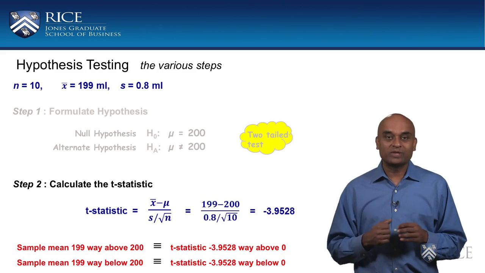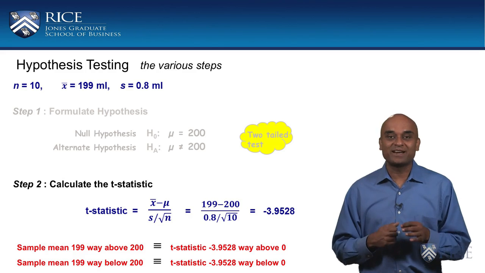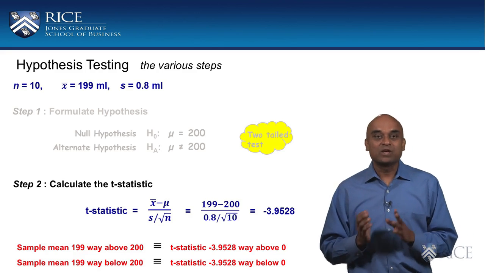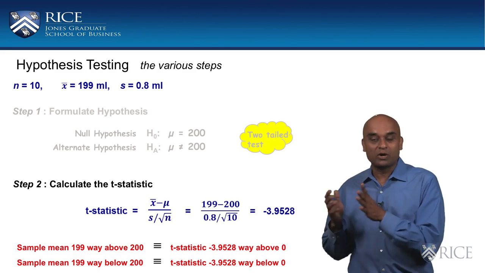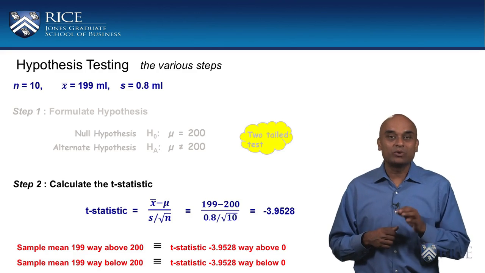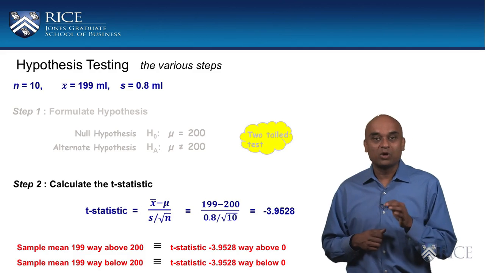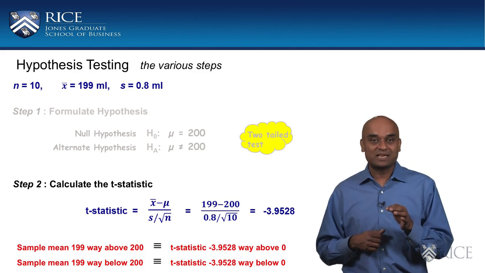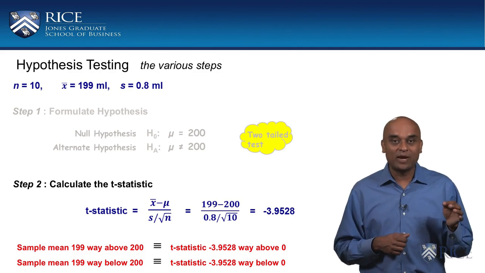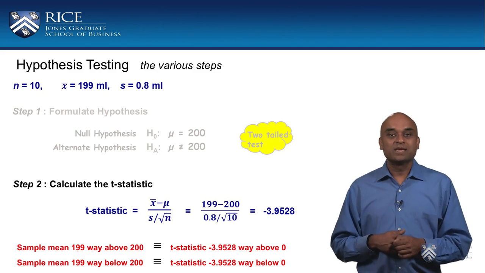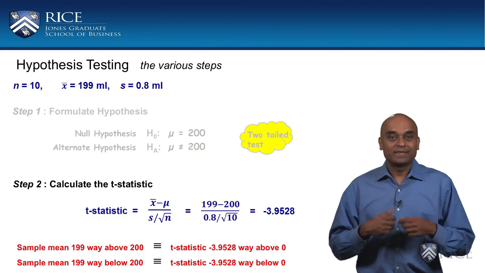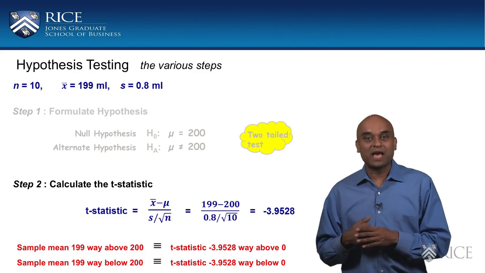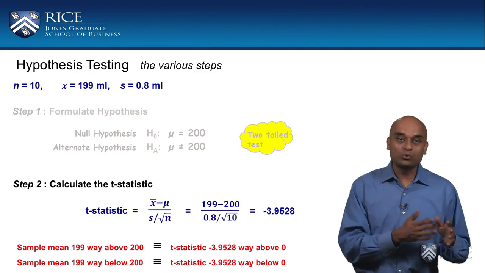Trying to figure out whether the sample mean of 199 milliliter is way above 200 milliliter or way below 200 milliliter is now equivalent to figuring out whether this t statistic, a negative 3.9528, is way above 0 or way below 0. That is what is meant by translating the hypothesis test onto a t distribution.